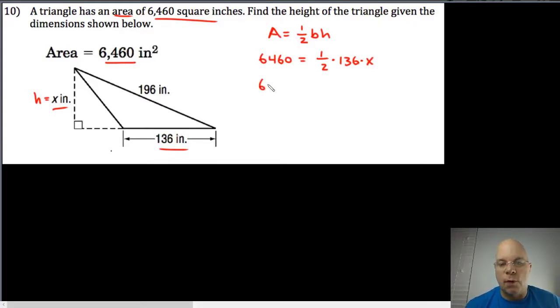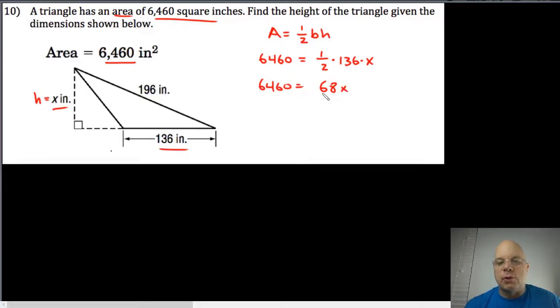So 6,460 is equal to half of 136 is 68, because half of 140 is 70, and this is 4 less than that. Half of 4 is 2, so 2 less than 70, or 70 minus 2 is 68. Or 68 doubled is 136 might be an easier way to think about it.